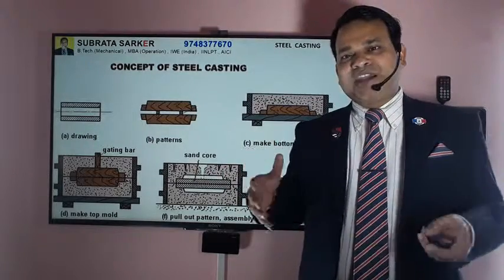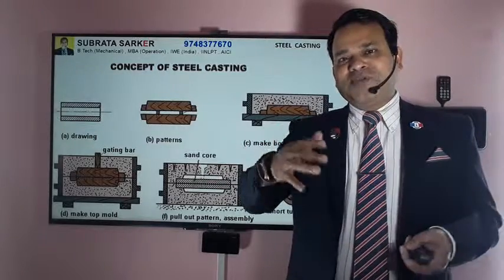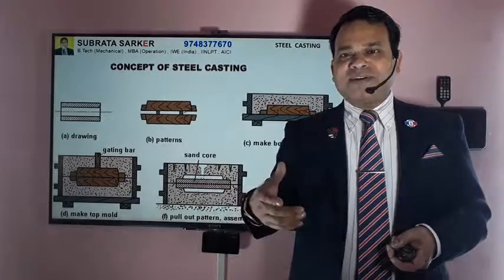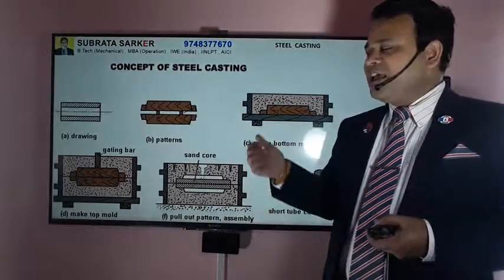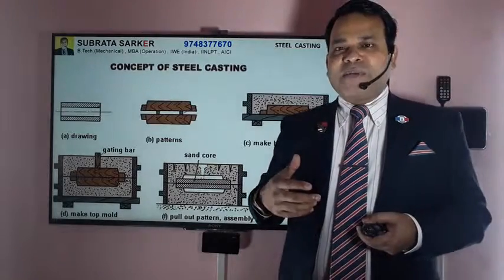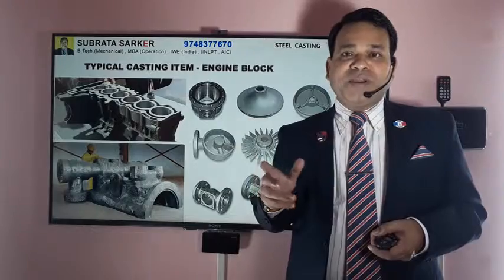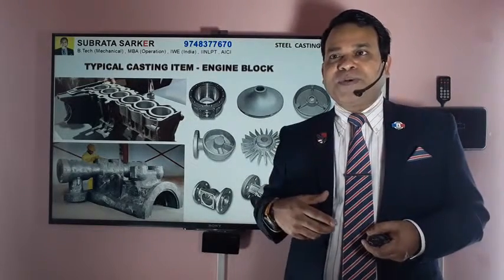Then you take two boxes, put both halves of the wooden pattern and ram sand around them, then remove the pattern, leaving a hollow shape inside, and pour the metal. After solidification you get a similar component like a pipe. These are typical components manufactured in industry by different casting processes.